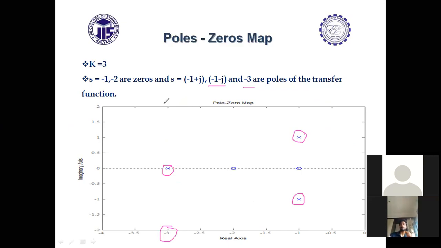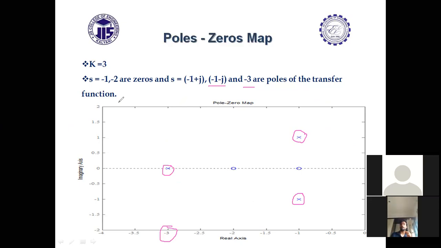So first, what shall you do? First, you need to get the factored form of the given transfer function. You need to calculate poles and zeros by equating the denominator and numerator to 0 respectively.